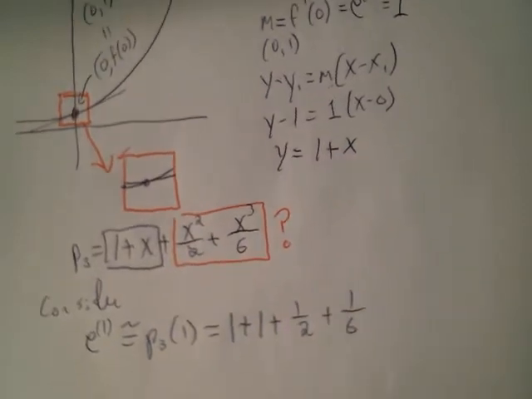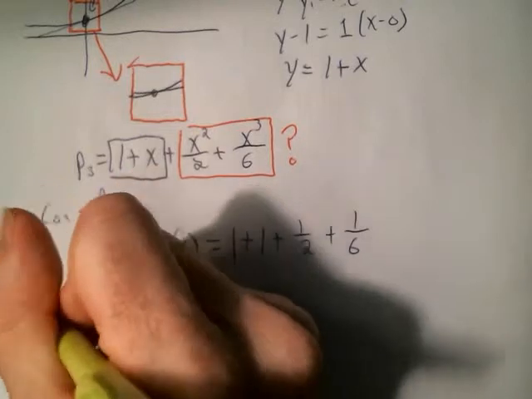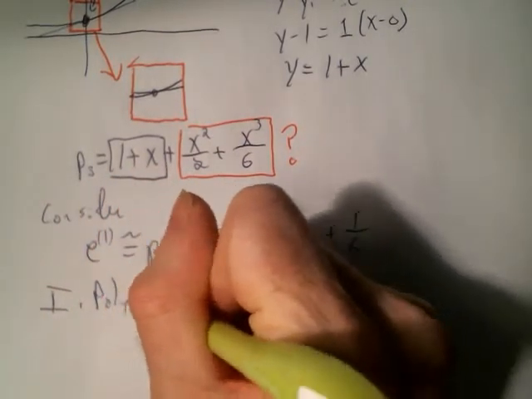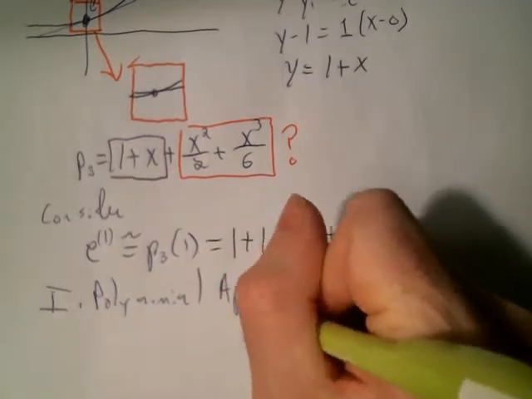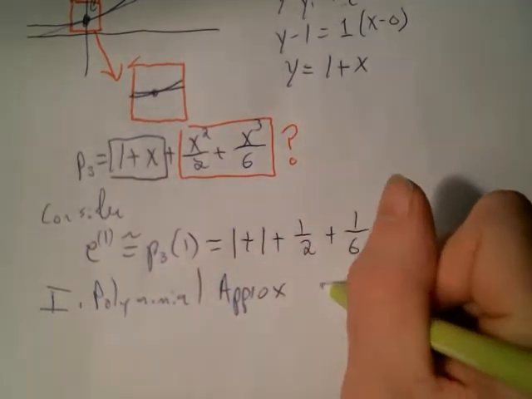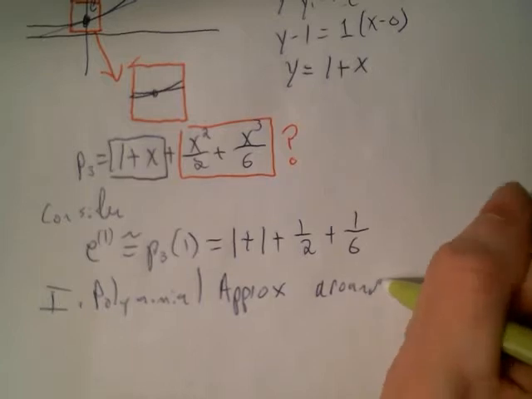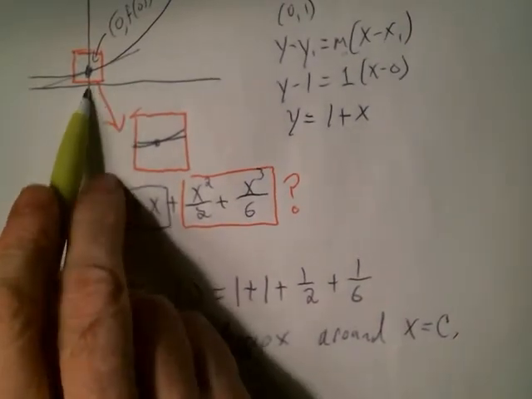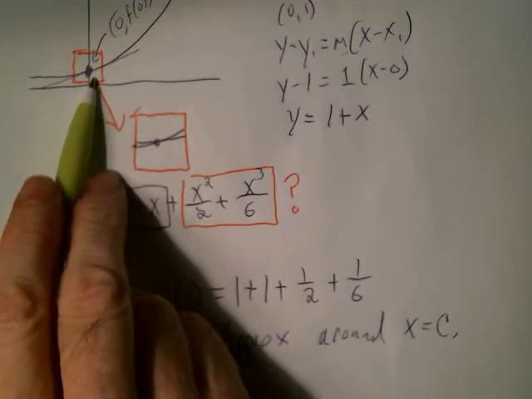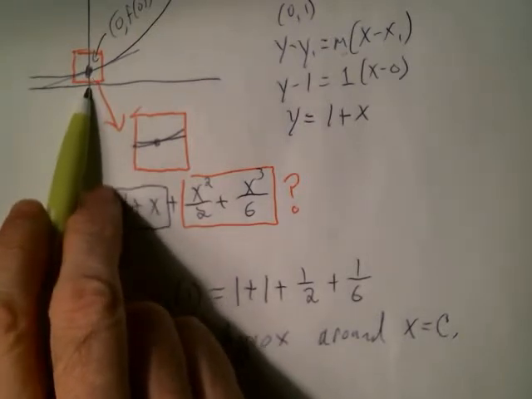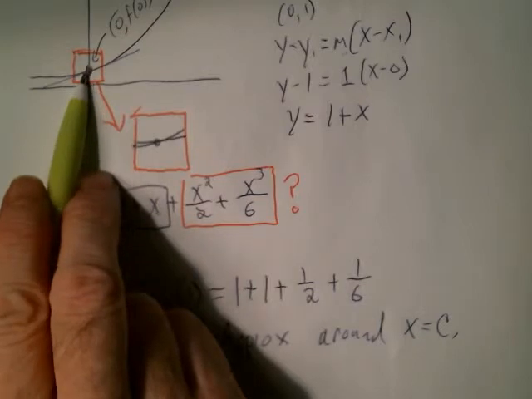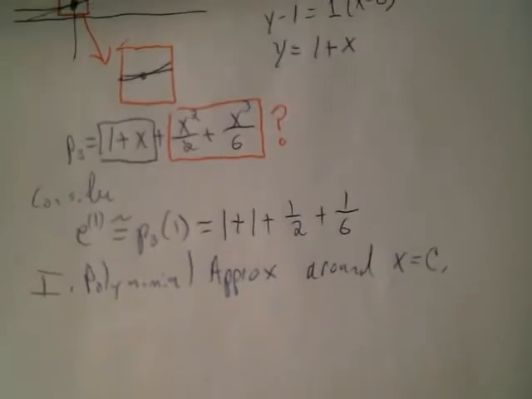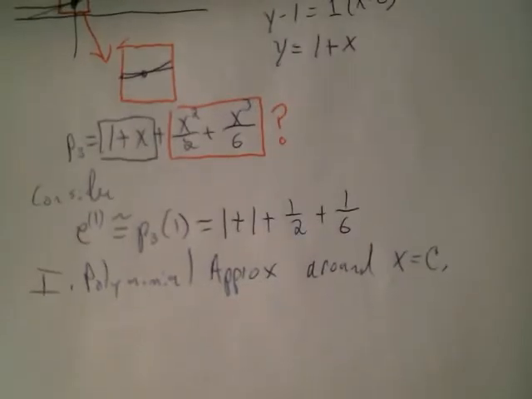Okay, so that's where we sort of get back to where the book is working. And first we consider polynomial approximations around some value x equals c. So in this problem, we decided to center our polynomial around c equals 0. Okay, so I built this thing off of this point right here. And in general, we'll do that.